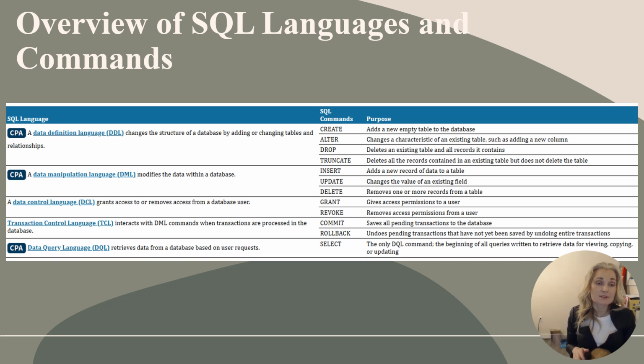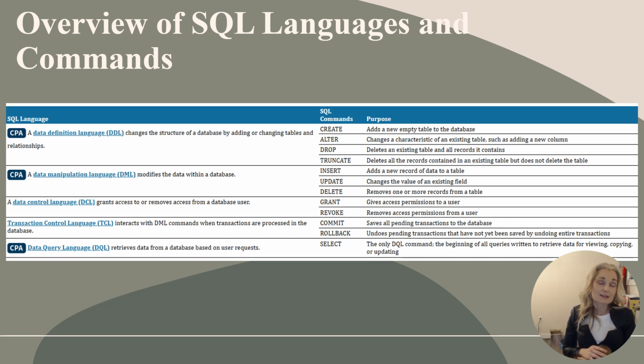We have DDL, which stands for Data Definition Language. And this changes the structure of a database by adding or subtracting tables and relationships. Most accountants don't do this. This is usually left to database designers and computer designers. Then we have the data manipulation language that modifies the data within a database.